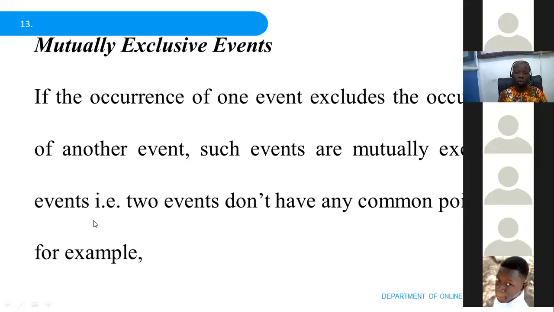That is, two events don't have any common point. So when two events have nothing in common, meaning they don't have any intersection, we say the two events are mutually exclusive.